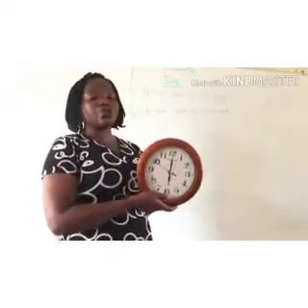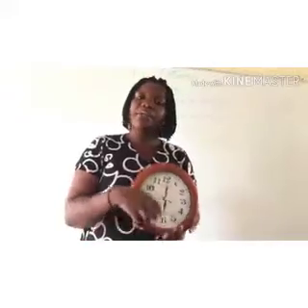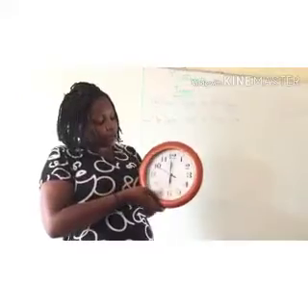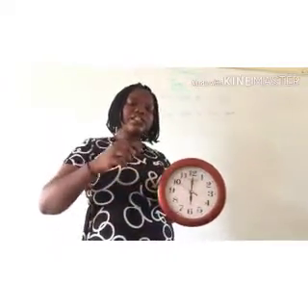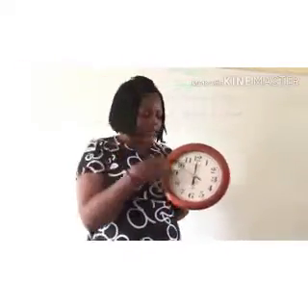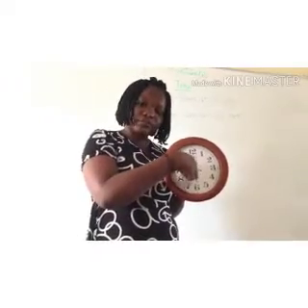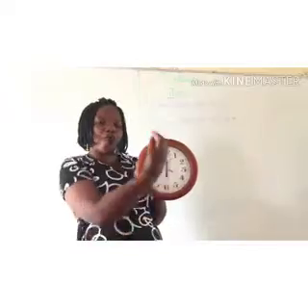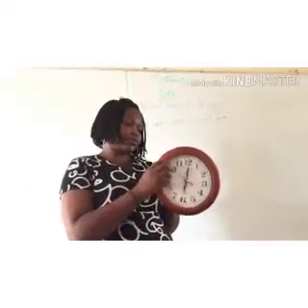So telling time to half an hour, my minute hand, which is the long hand. Remember I said the long hand is the minute hand and the shorter hand is the hour hand. So to tell time to half an hour, my minute hand is at 6, which is half of the clock face.